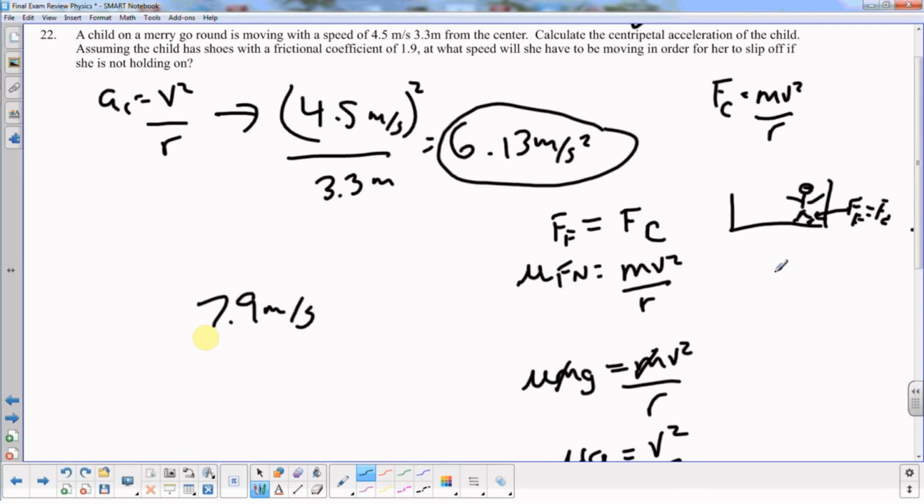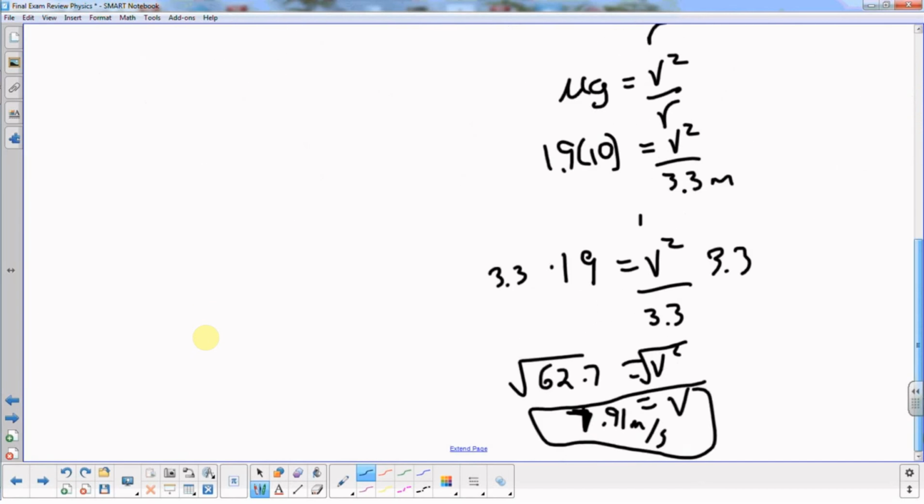The big deal is at what point, and we all know this, at what point does friction let go? You can look at it with car tires, you can look at it with a lot of things. So this is actually a really important concept. F_f equaling F_c, and you can figure out at what point you have more need for centripetal force than friction that you have.